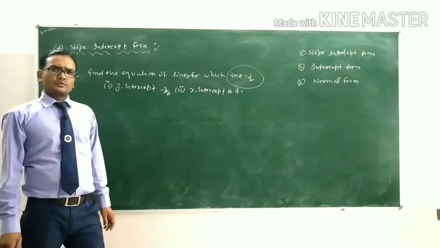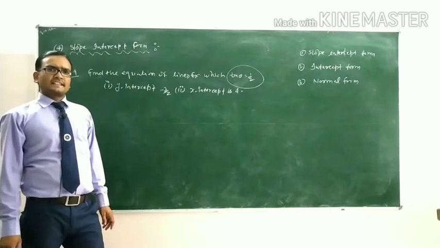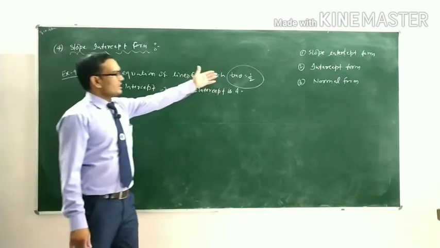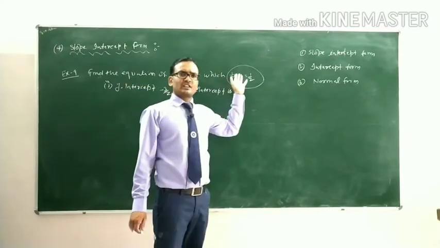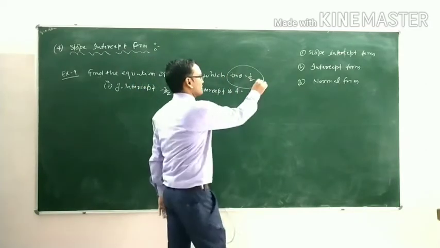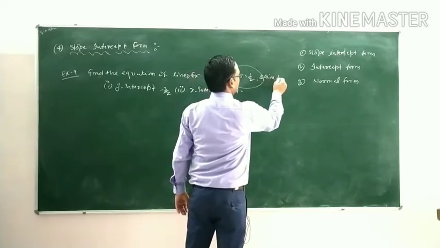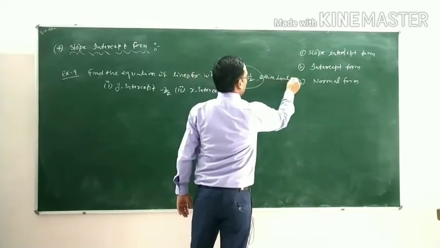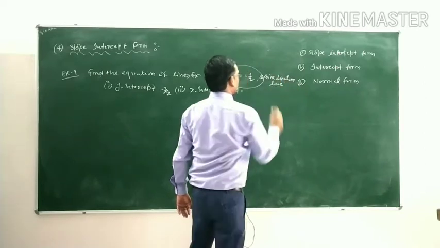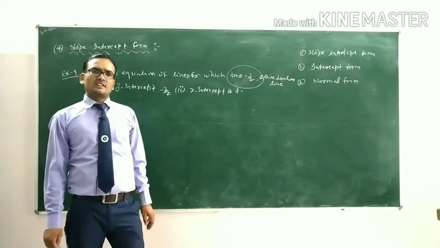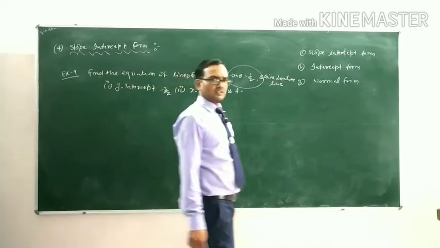1 by 2. Tan theta is the slope of a line. Here theta is defined as the inclination of the line. In the question, theta is the inclination of the line. Okay students, if theta is the inclination of the line, then tan theta is the slope of the line.